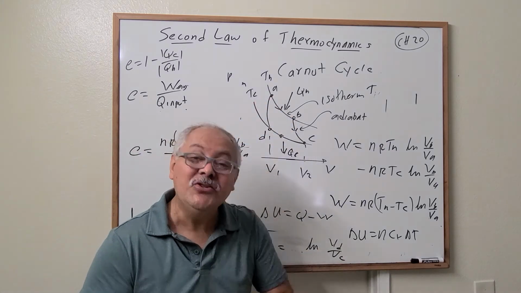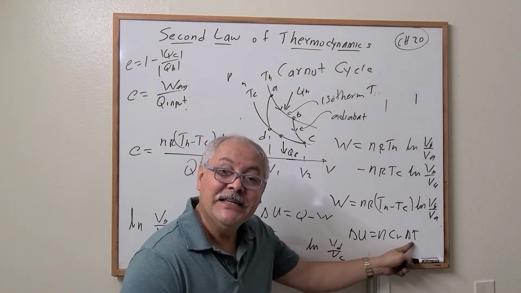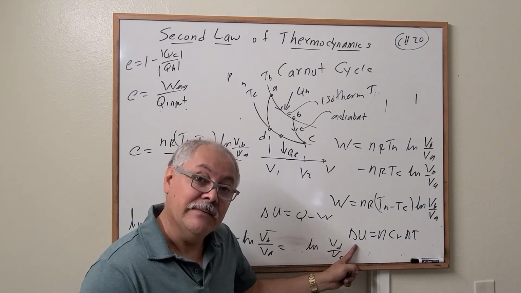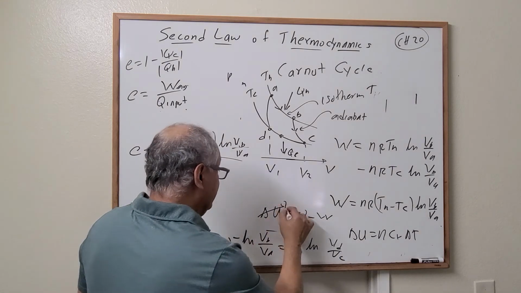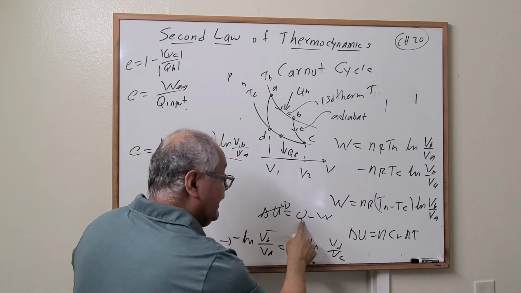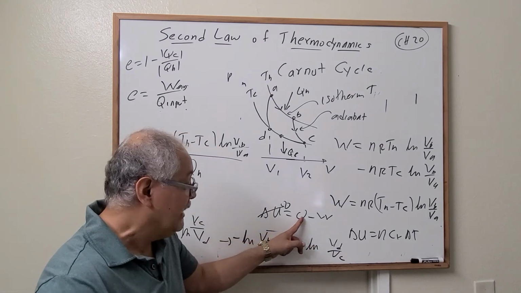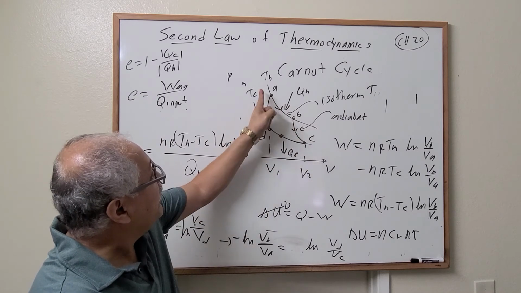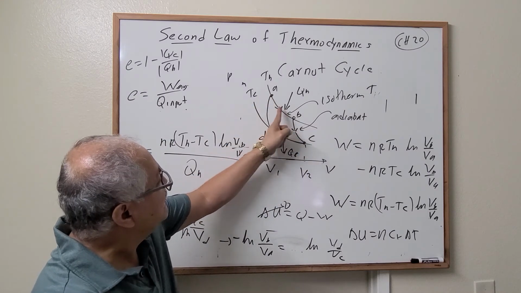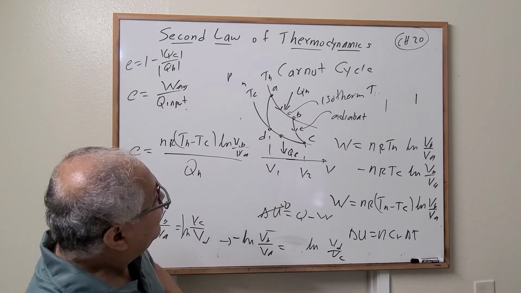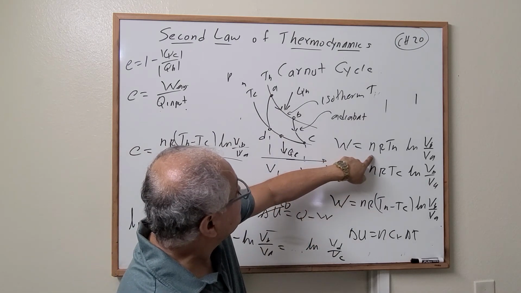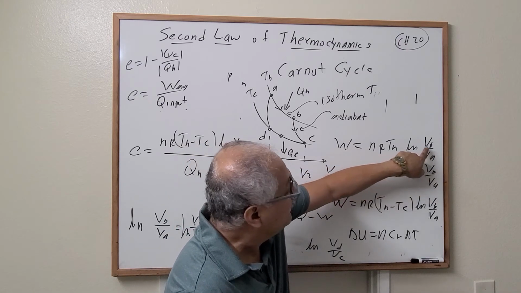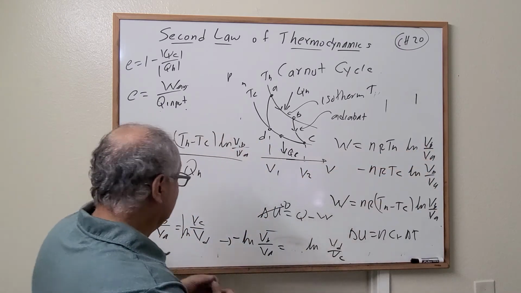Isotherm means T is constant, so the change in T is zero, and the change in internal energy is also zero. So in this case the input heat is equal to the work done in this process. And what is the work done in this process? It's going to be nRT_H ln V_B over V_A.